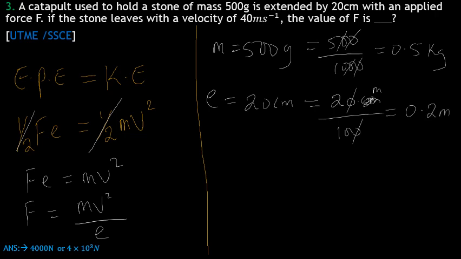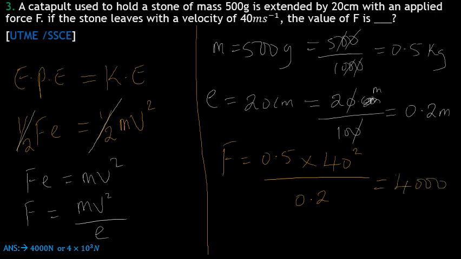So now let's plug in the values. F is equal to the mass 0.5 times the velocity 40 squared, over the extension 0.2. If you work this out, you get F equal to 4,000 Newton, or in standard form 4 times 10 raised to power 3 Newton.